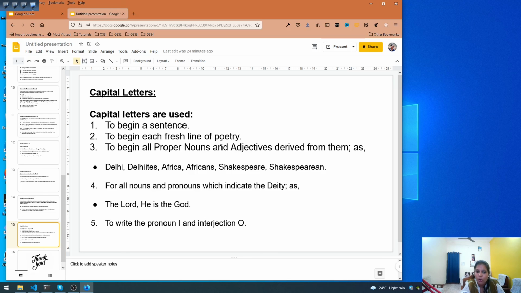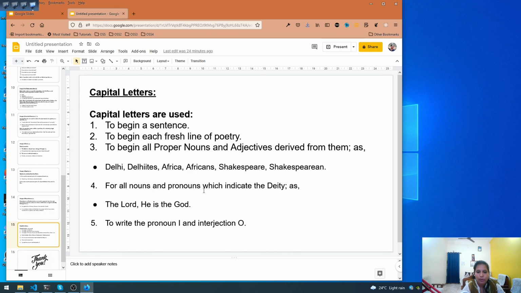To begin all proper nouns and adjectives derived from them, as for example, Delhi is the proper noun and Delhiite is the adjective which we have got from Delhi. Africa is a proper noun, African is the adjective. Shakespeare is the proper noun, Shakespearean is the adjective which we have got from this proper noun.